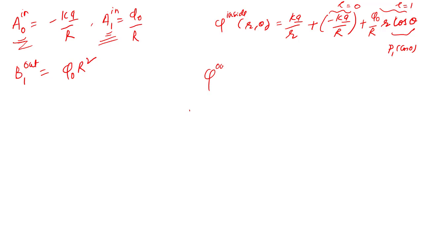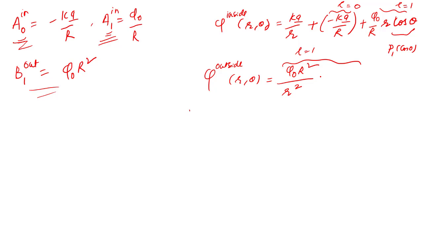Similarly, we can then write phi outside of R theta, that would be equal to just the B1 out term, so that is phi 0 R squared by R to the power L plus 1, so that is R square. We're writing for L equal to 1 only here. Outside we don't have an L equal to 0 term because there is no charge outside the sphere in this example, right?